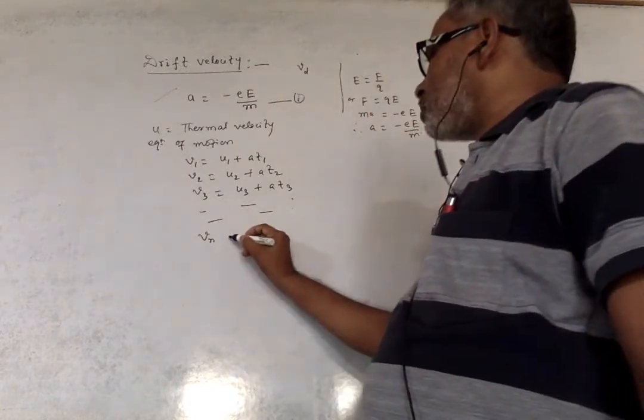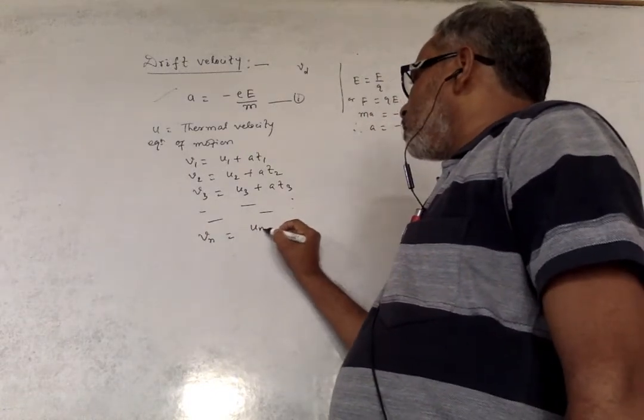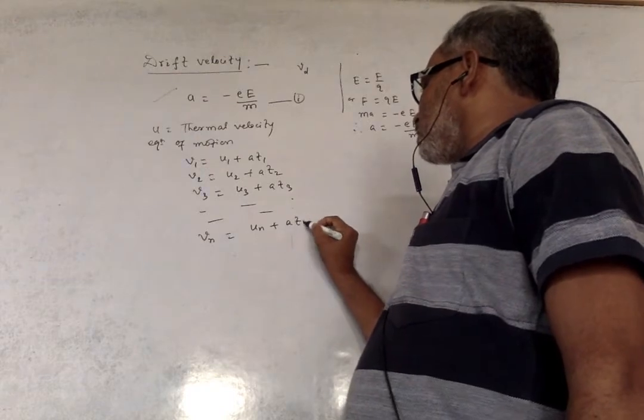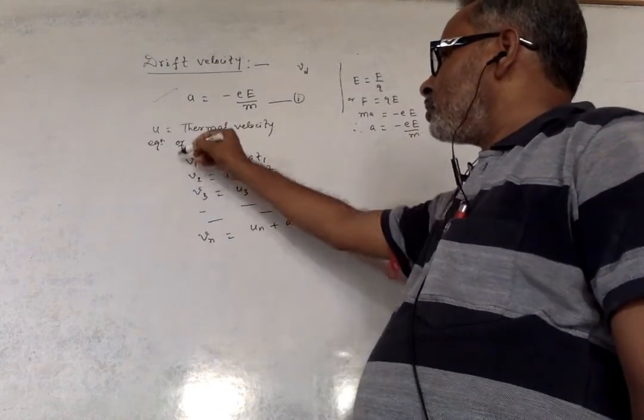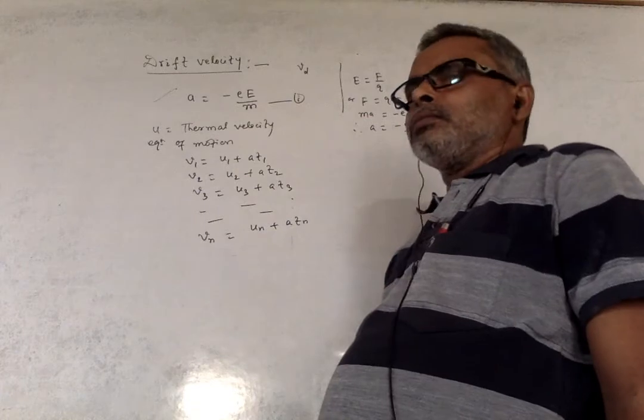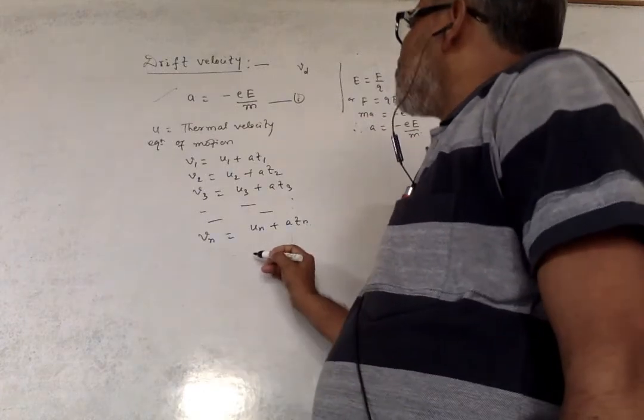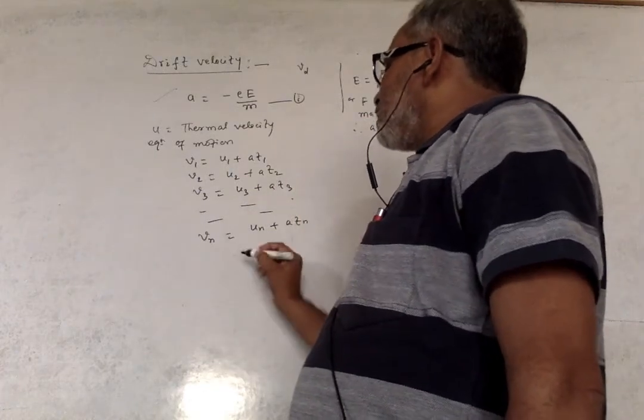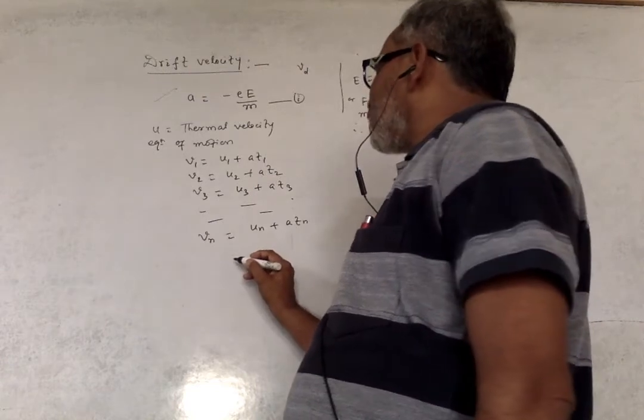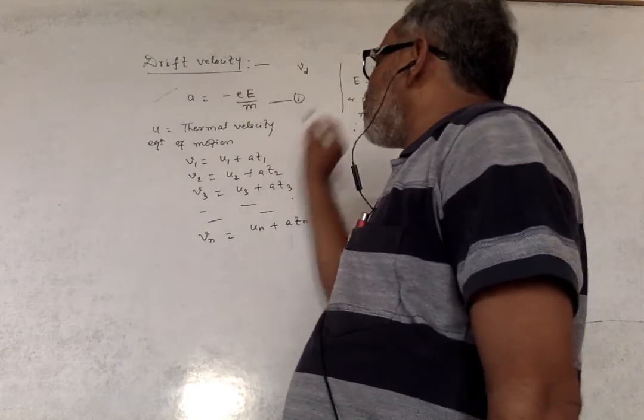The velocity of the last electron, Vn equal to un plus a tn. The average of all the above terms may also be called the drift velocity of the electron, that is the average velocity of the electron.